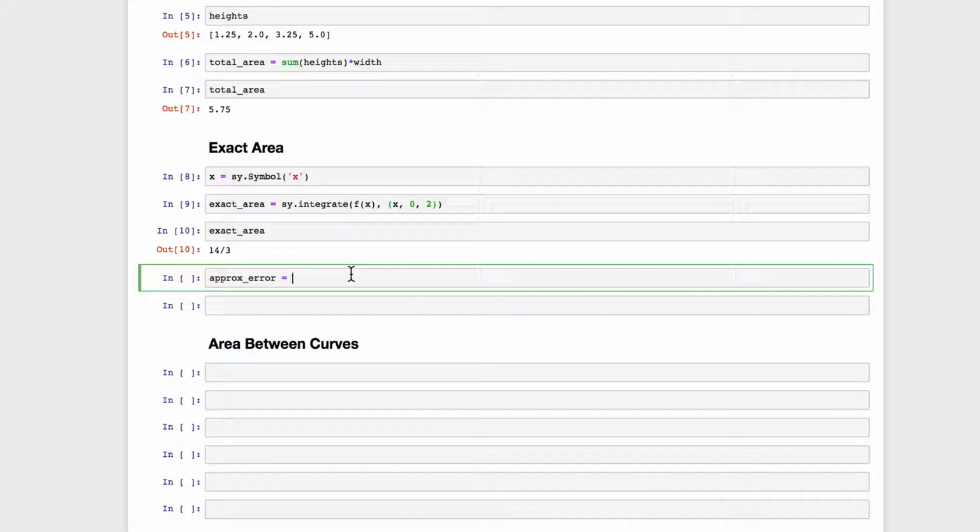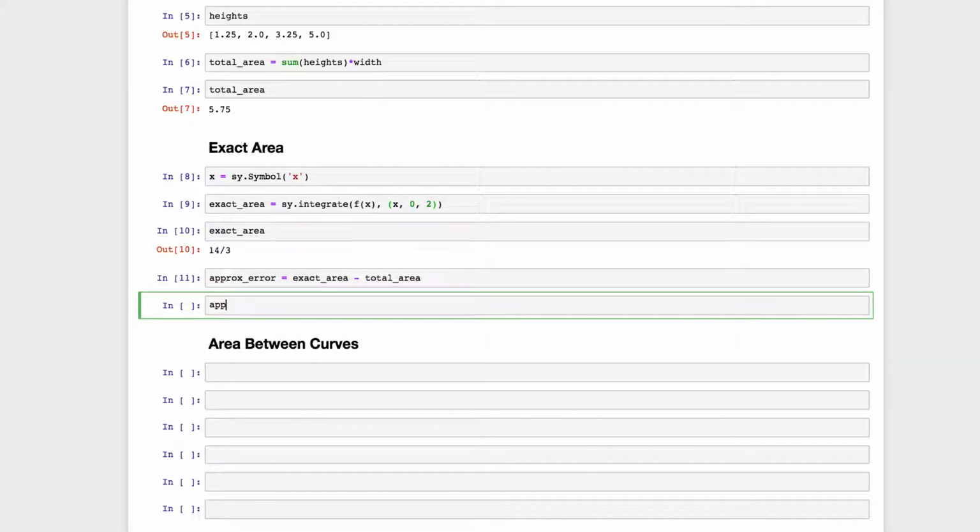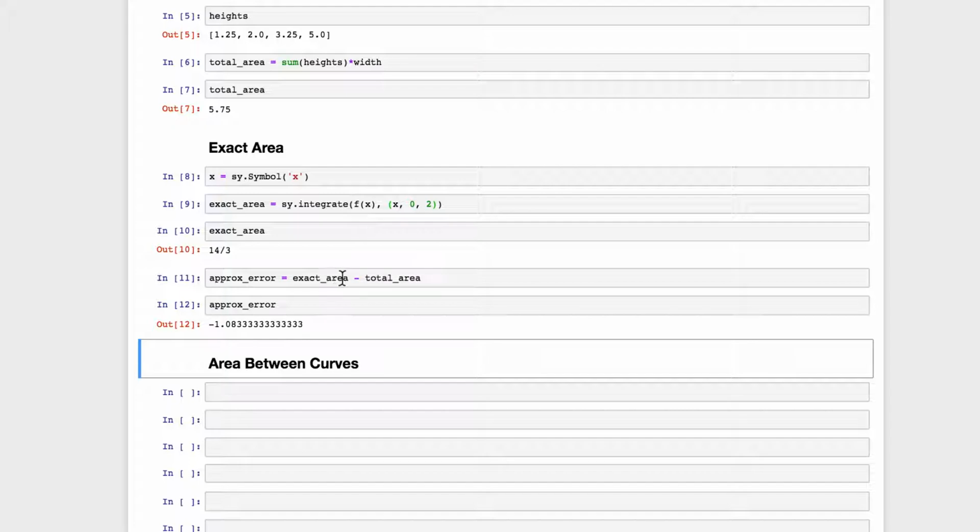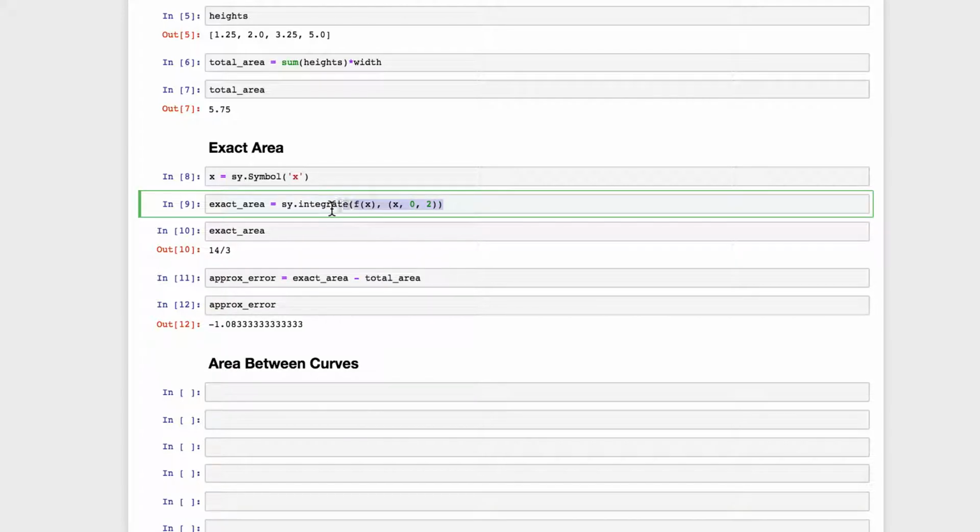So we have the difference between the exact area and the total area, and okay, so we were about a whole 1 off, which is significant considering the size of the total area. But remember, this is how we would find the exact value, by evaluating the definite integral.